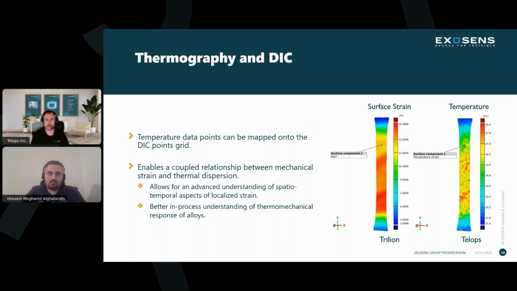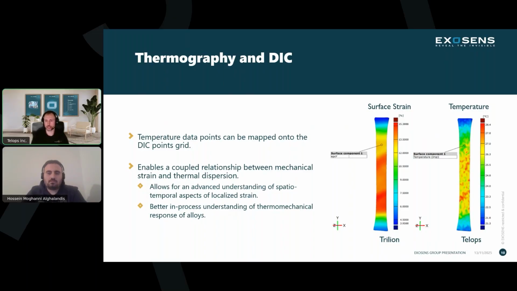This kind of gives us a better understanding of the spatial-temporal aspects of localized strain and what's happening during that process. And also allows us to better understand the thermomechanical response of certain metals or alloys or materials that you're using. So you can look at them individually. You can look at DIC and you can look at infrared imaging separately, or you can combine them.